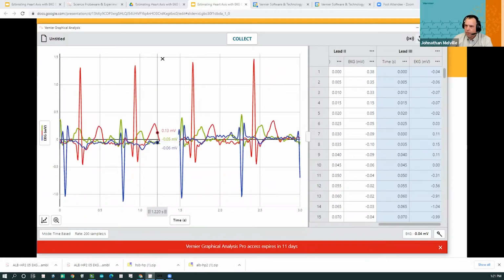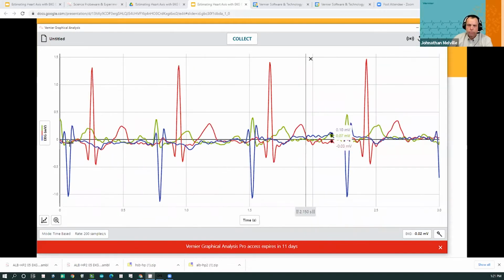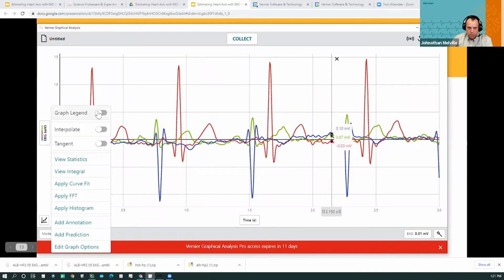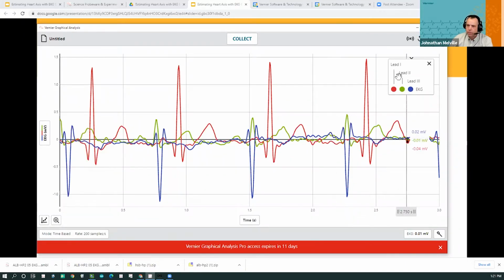Great. Let's get rid of the data table, and then I can click on the bottom left-hand corner and turn on the graph legend. And now you can see it quite clearly: lead 1, lead 2, lead 3.